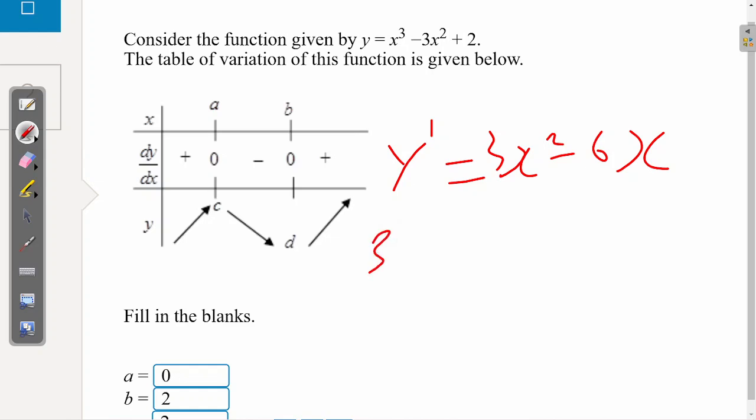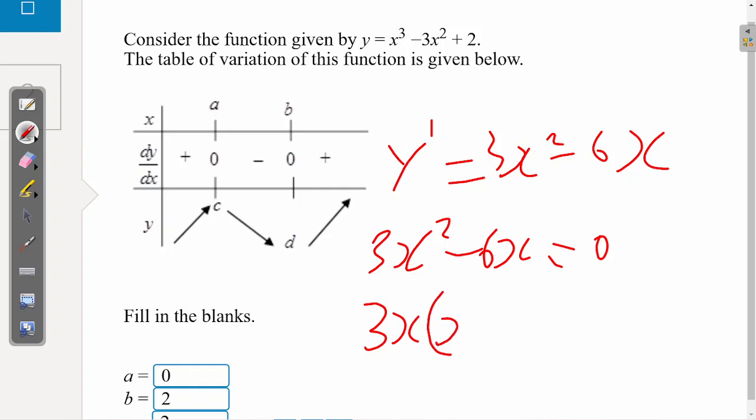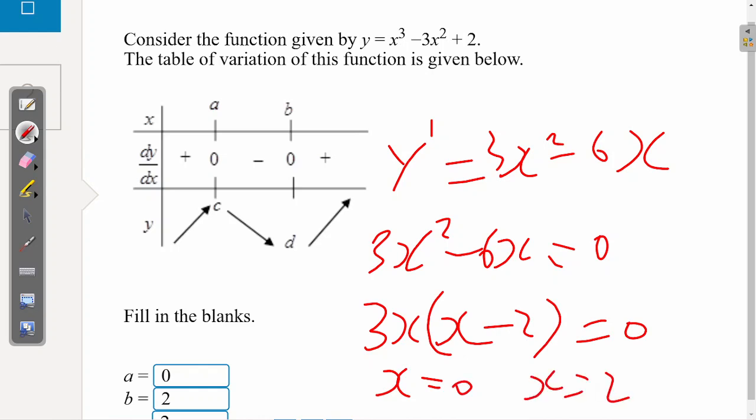Make it equal to 0, 3x squared minus 6x equals 0. Factor it, 3x, x minus 2 equals 0, x equals 0, and x equals 2. The table of variation is in order, like 1, 2, 3, 4, from lowest to highest. So a is 0 and b is 2.